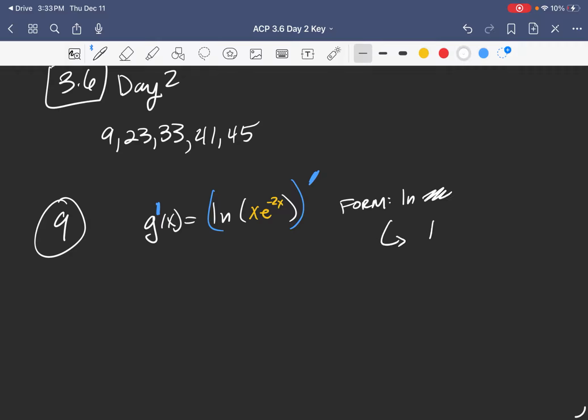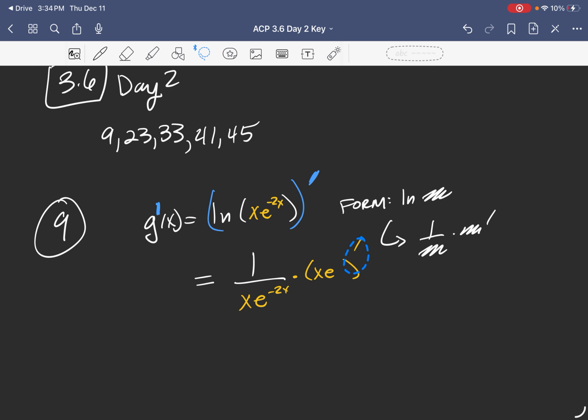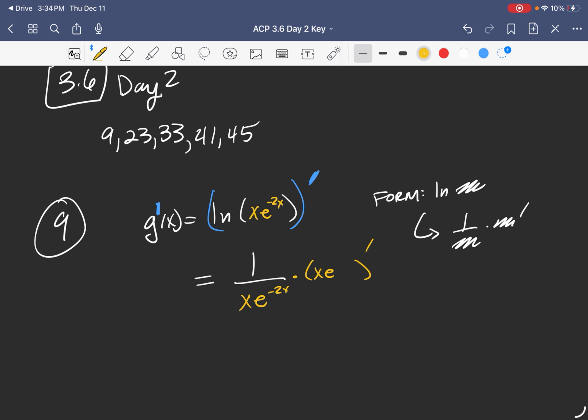So its derivative is going to be 1 over stuff times the derivative of that stuff. So its derivative is going to be 1 over xe to the negative 2x times the derivative of xe to the negative 2x.